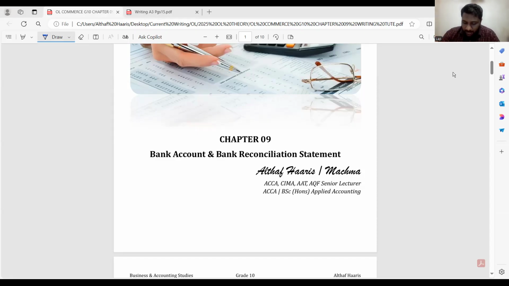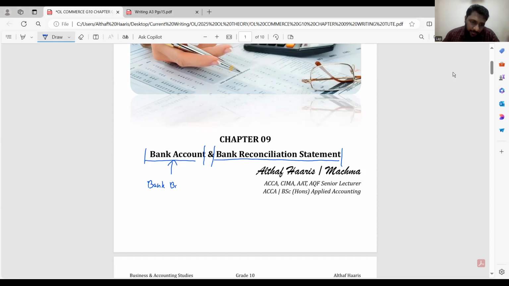Today we are going to learn about the bank account and bank reconciliation statement. In this chapter also you can see there are two parts. One is the bank account, then we will be learning bank reconciliation statement. So bank account, people, we learn bank account or bank book.